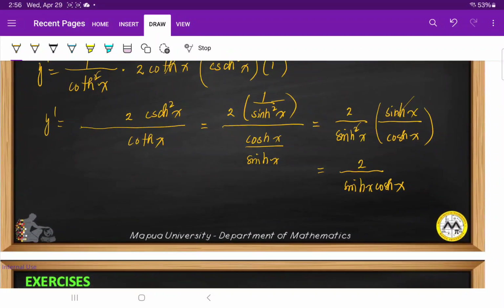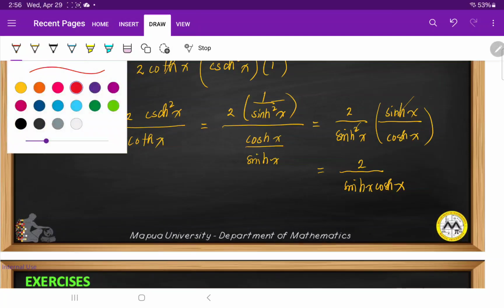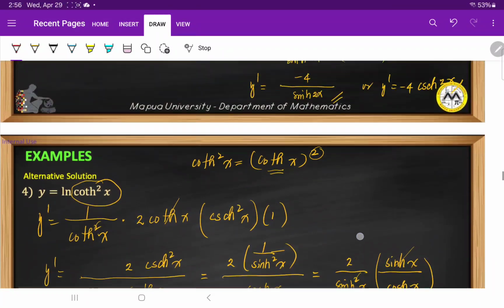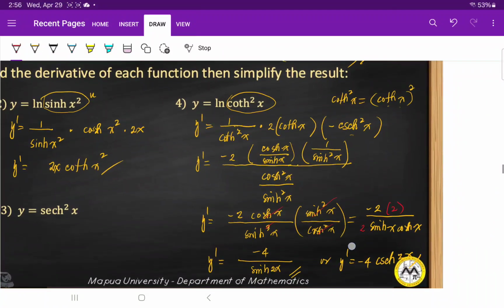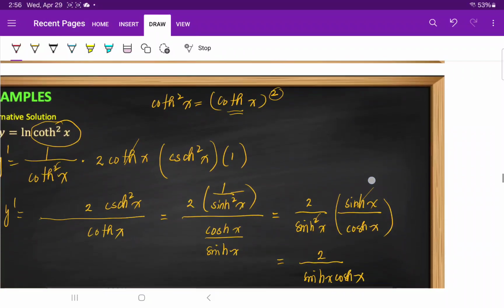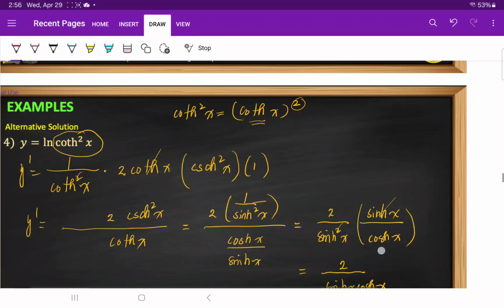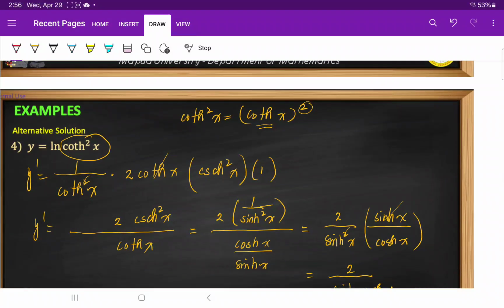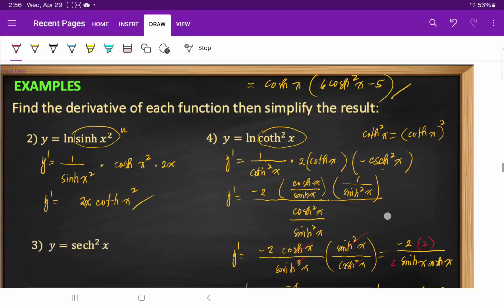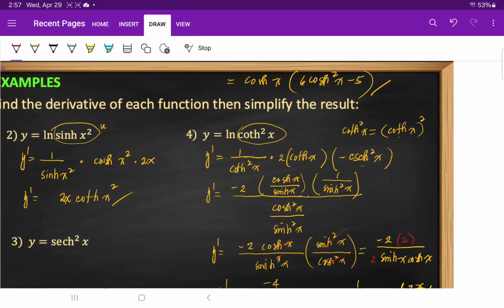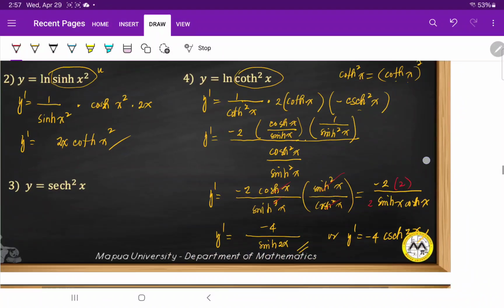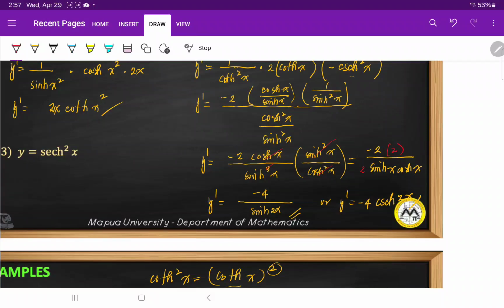What happened? Okay, let's continue because this is different. I think this is a different solution because of what we did here. Did you get the same answer? Hold on, cotangent square. What did we do here? There's something wrong with this one because this should be positive. So we get a negative answer.